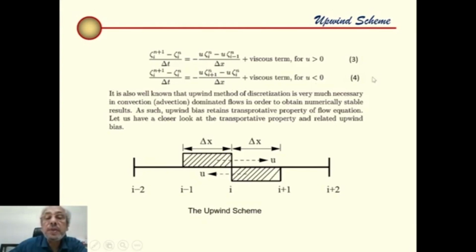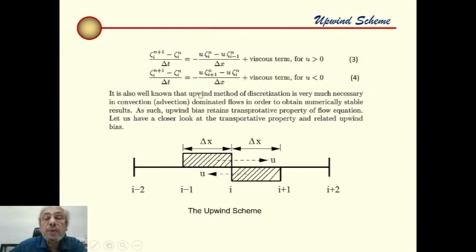That means this is i minus 1 for u positive, and zeta i plus 1 minus zeta i for u negative. And since it is a conservative formulation, u and zeta are together.